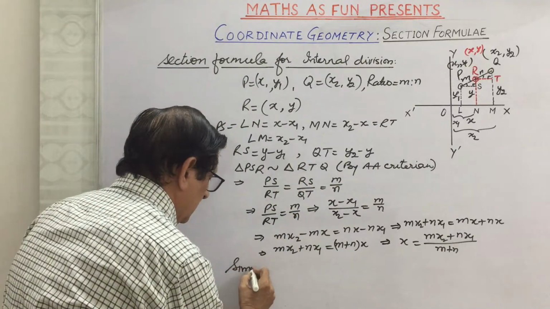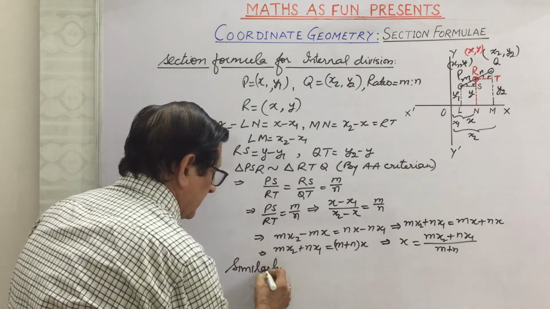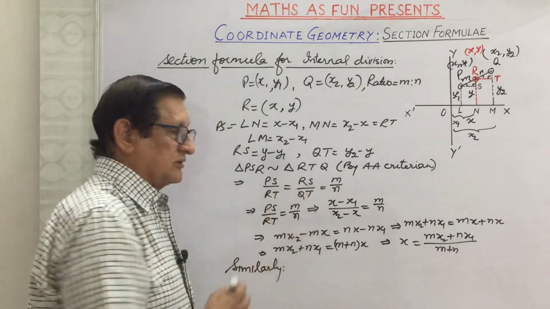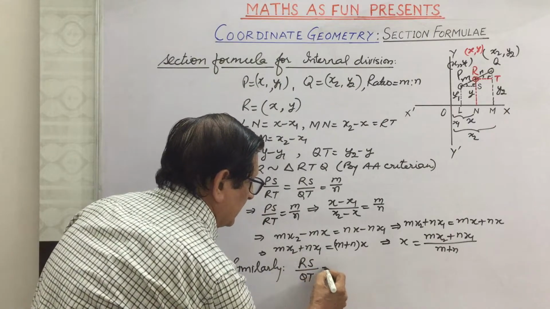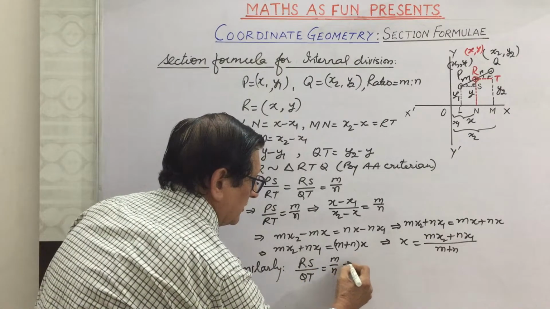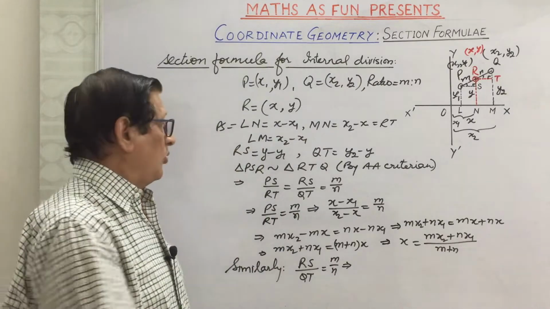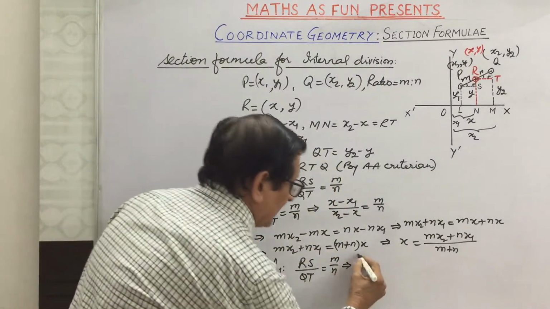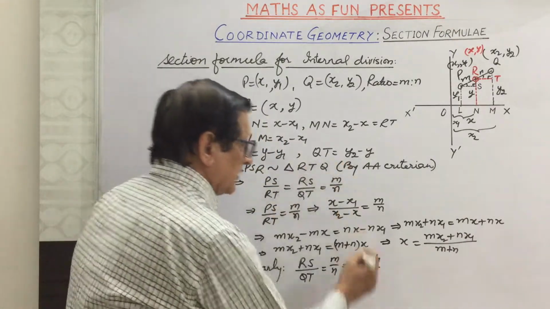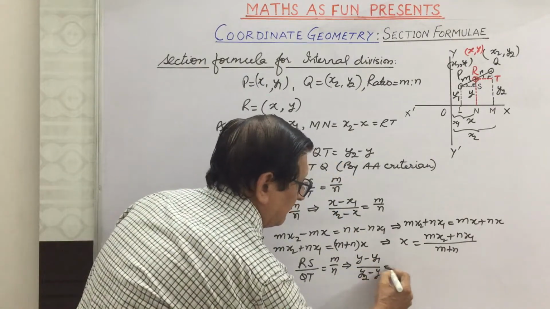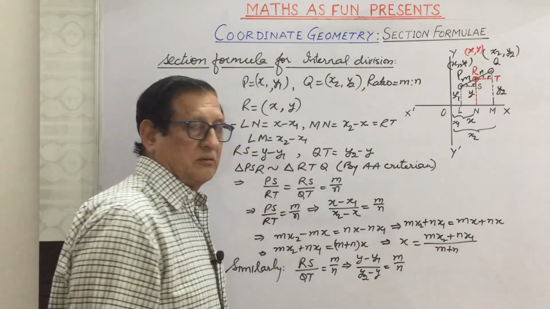Similarly, if we go over the second and third, we have RS upon QT equal to m upon n. What is RS? That is y minus y1. What is QT? That is y2 minus y, is equal to m upon n.